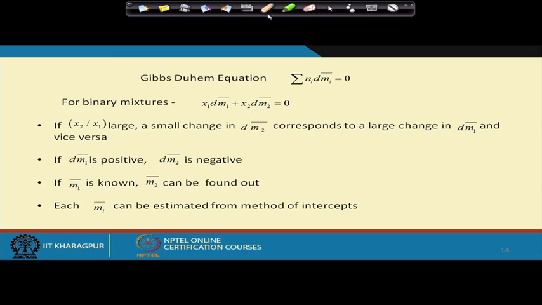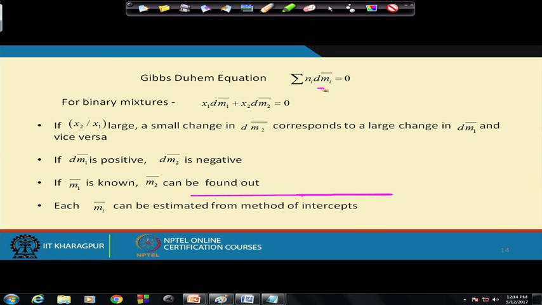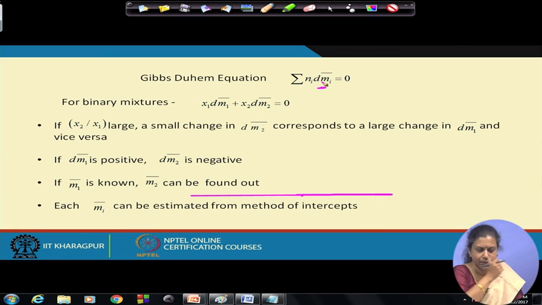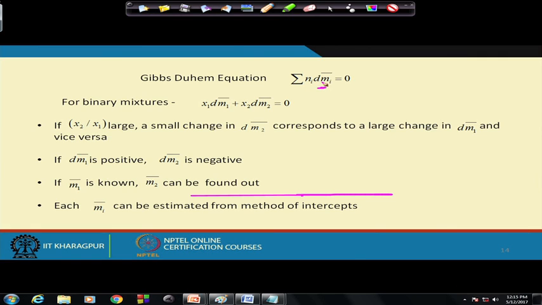Of course, in this particular case, I had denoted my property with the letter M. Just keep in mind that what I was telling in terms of n, the same thing I have shown in terms of m here. So, mi bar is my partial molar property. Now, from this particular equation, there are a large number of things that we can see. For example, let us start with a binary mixture.